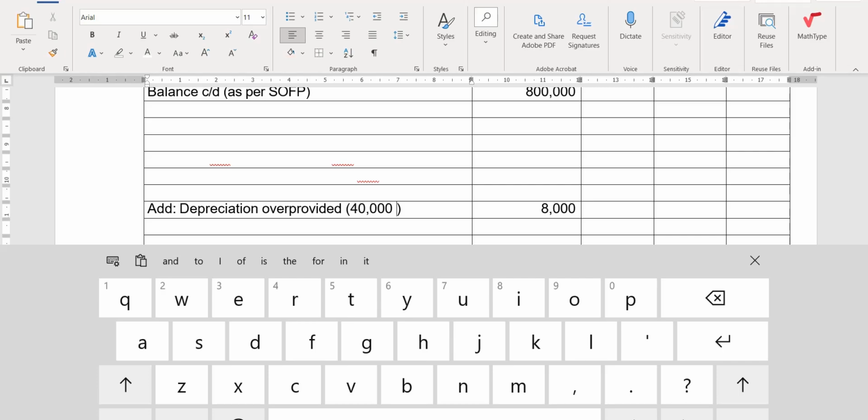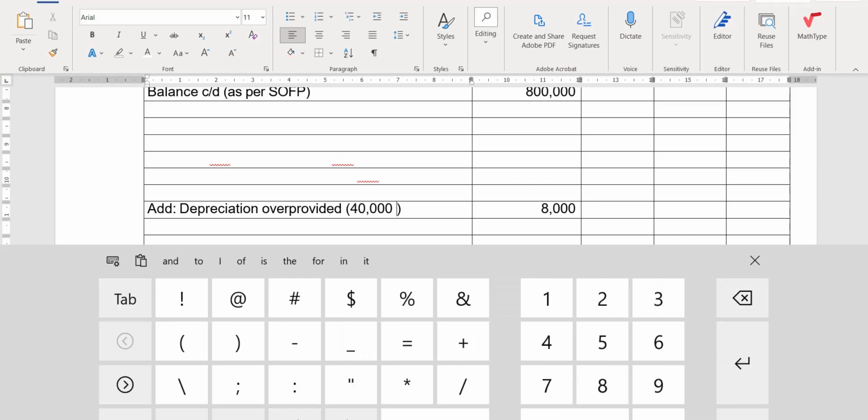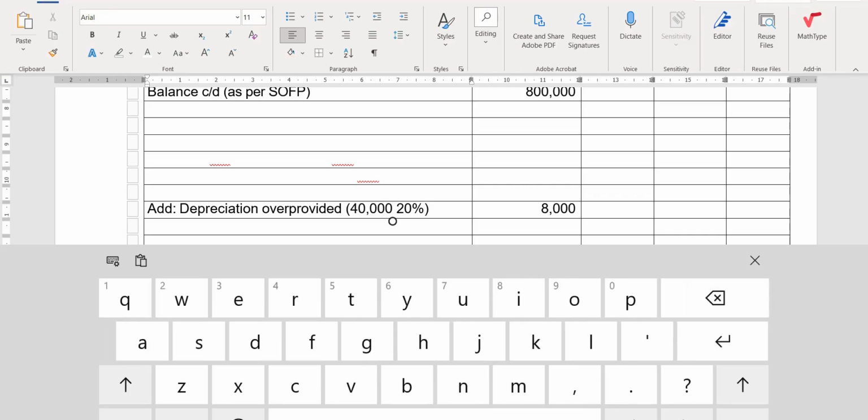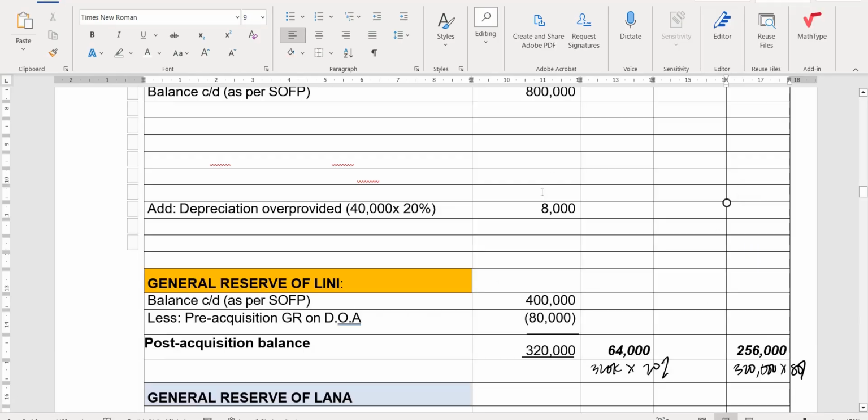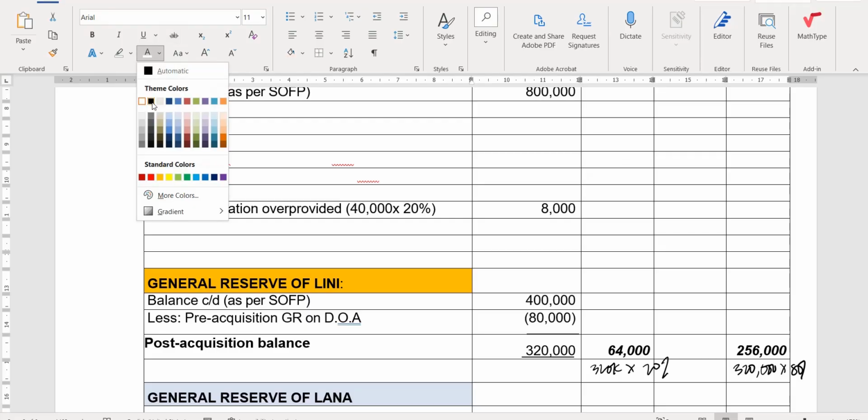The percentage that was given for the depreciation was 20%, so I just did some correction to that. Okay, done. And remember that earlier on we did the calculation for our unrealized profit.